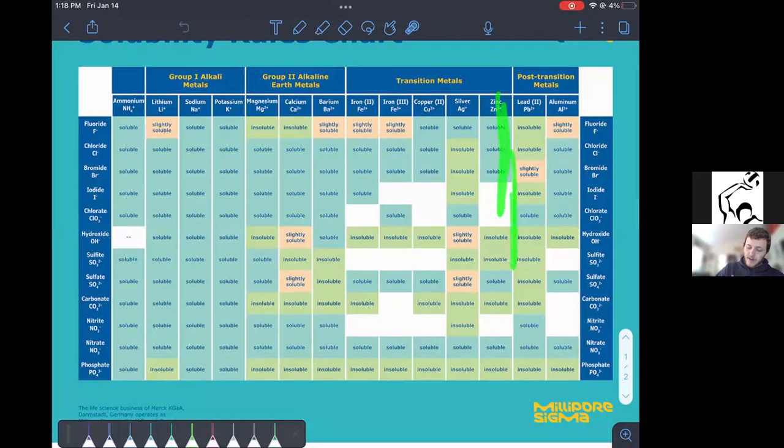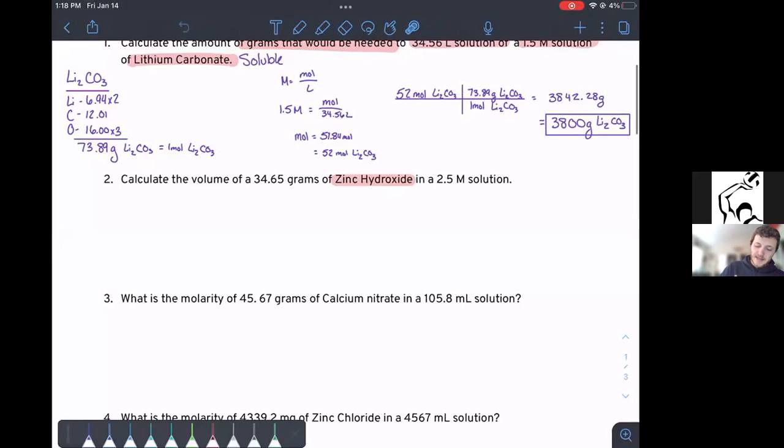So zinc is way over here. Hydroxide is right here. If we intermix these two or find where they correspond, it looks like it says insoluble. And if it says insoluble, we can write insoluble. And now you're done with problem number 2. All right, guys, if you have any questions, let me know.